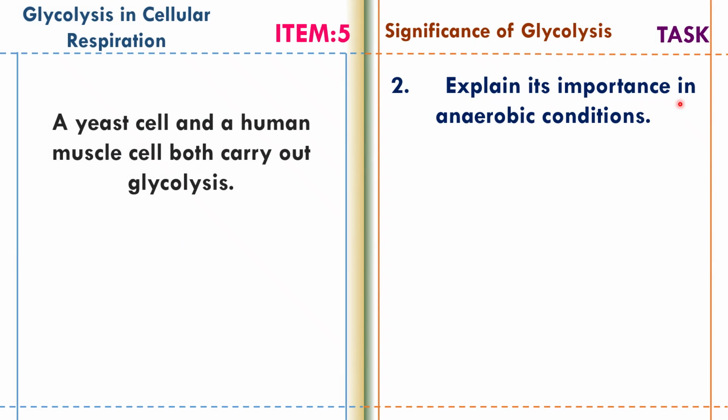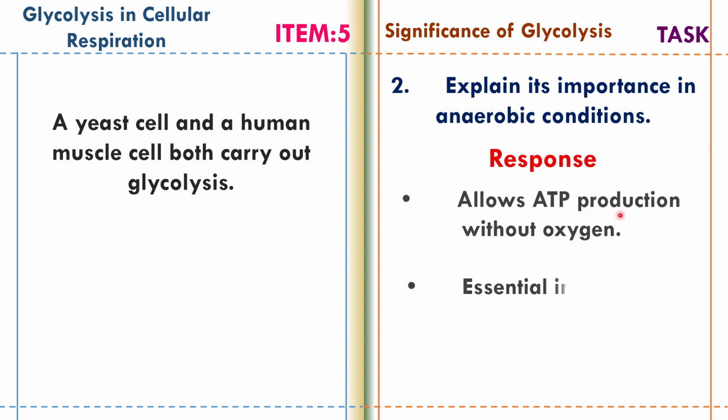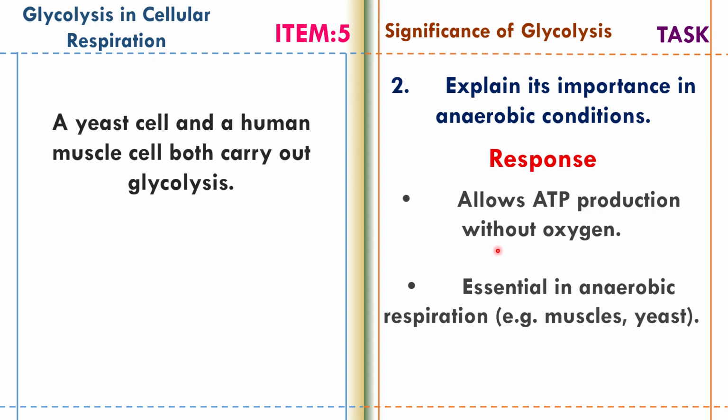Explain its importance in anaerobic conditions. It allows ATP production without oxygen. It is essential in anaerobic respiration, for example in muscles and yeast.